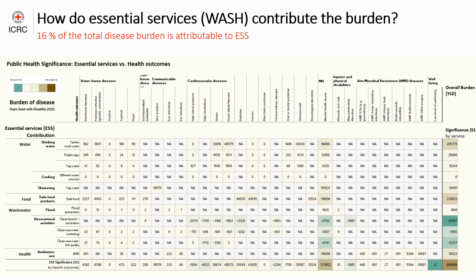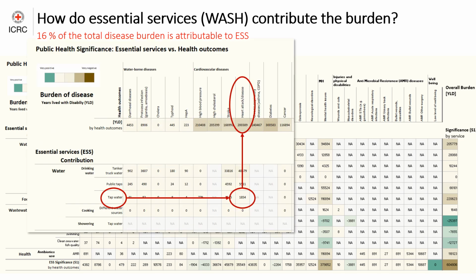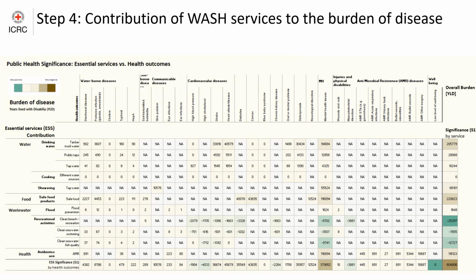Furthermore, the analysis has broken down the contribution of each specific modality of delivery of an essential service for each health outcome. For example, here you see the impact attributed to tap water on heart disease.